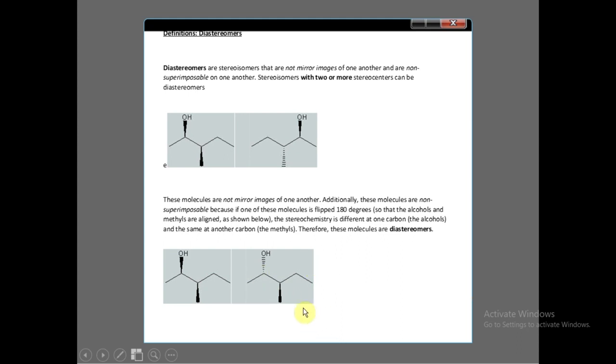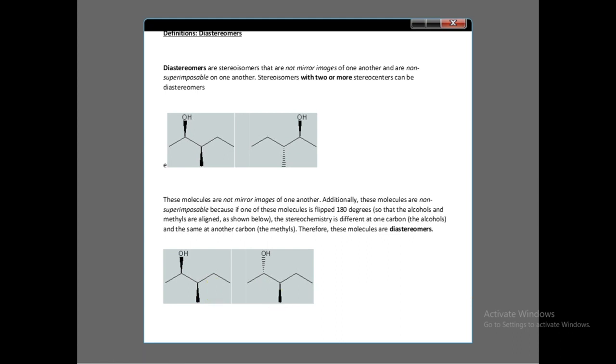But if you flip 180 degrees, this OH, which at the beginning was dash, becomes wedge on this side. And this methyl group becomes dash on the other side. So if you compare, this is not the mirror image of this object. So this is a pair of diastereomers.